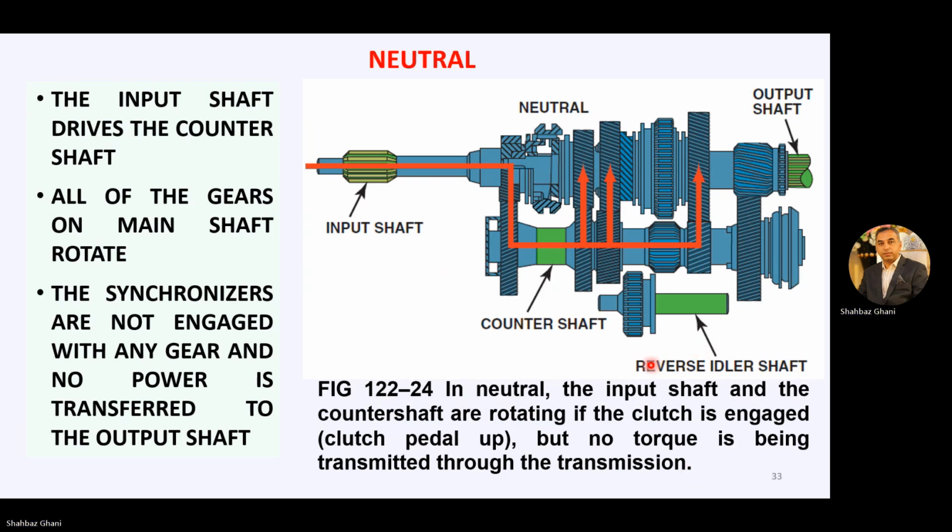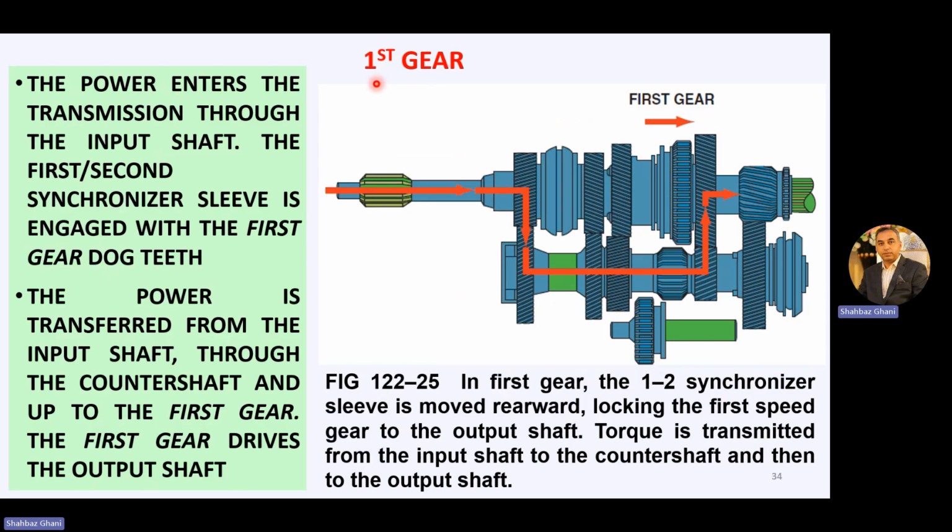Now we have applied first gear. The power enters the transmission through the input shaft. The first and second synchronizer sleeve is engaged with the first gear dog teeth.